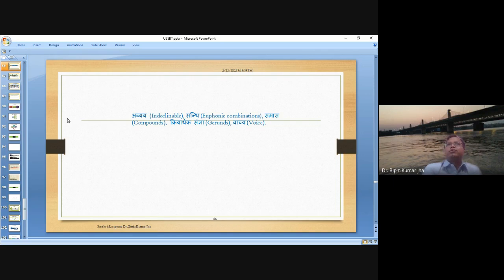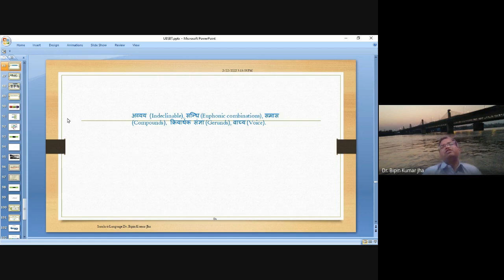And after that, we see nipat. Nipat is directly not used in Hindi and other languages. You can compare it as avyay or indeclinable. Avyay means which is not decreased. What you have, what is given, that will be as it is.